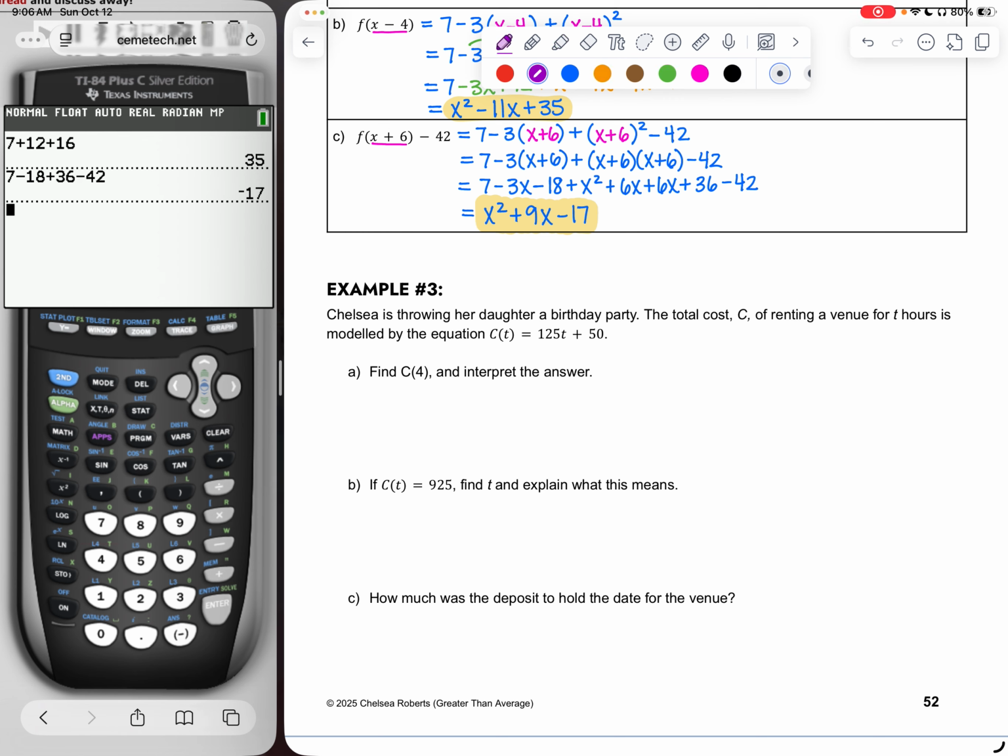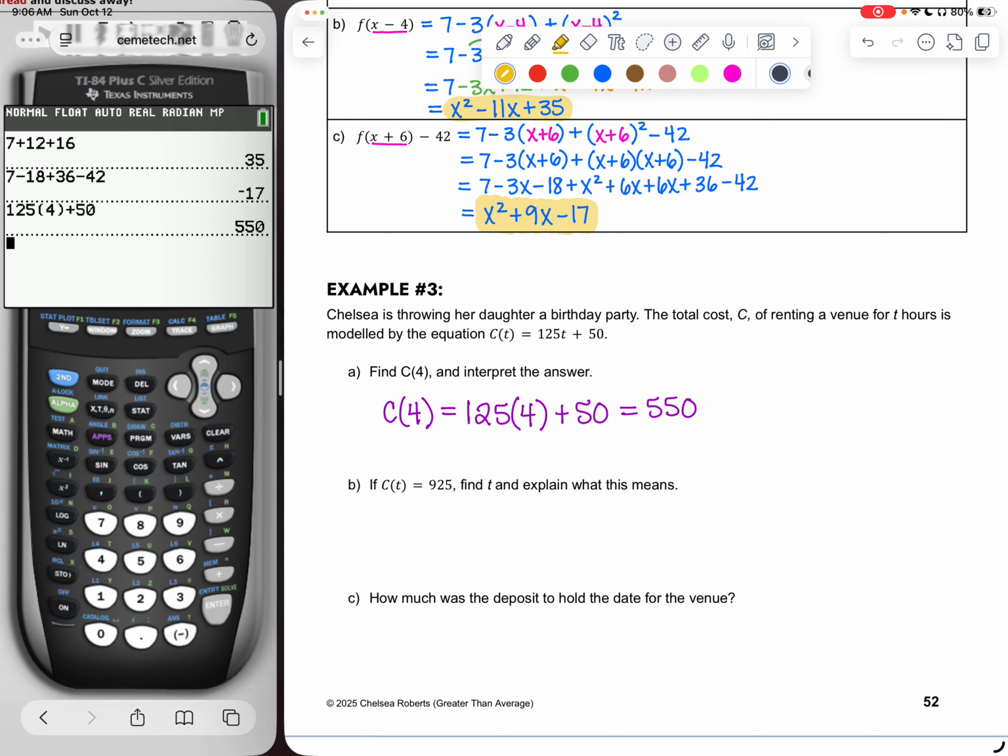So I'm going to have C of 4 is equal to 125 times 4 plus 50, because remember, 4 is replacing the T. So if I do 125 times 4 plus 50, I end up getting 550.